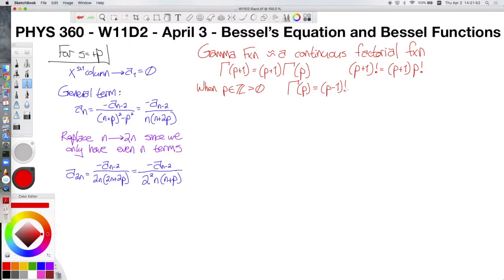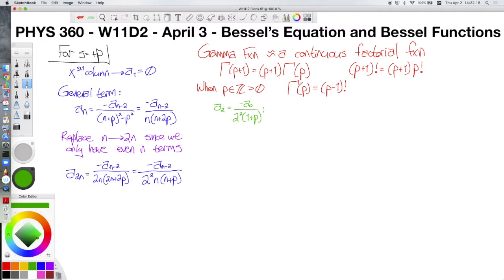So this notation is going to help us simplify what we're about to write down about our Bessel functions of the first kind. Using this notation, we can then say that a sub 2 is equal to negative a sub 0 divided by 2 squared times 1 plus p.